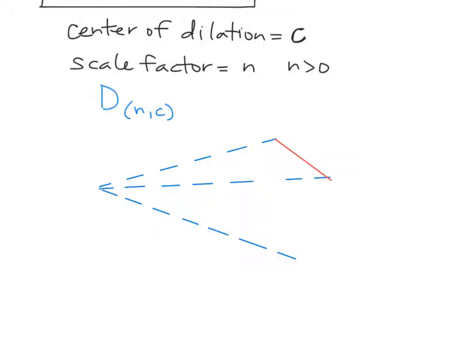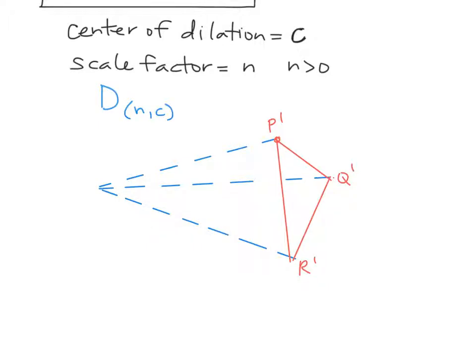So if you have a triangle, okay, this is P prime. You doing all right back there? This is Q prime. This is R prime. Okay, so if that is my image, that's my final result. This is what has been dilated.